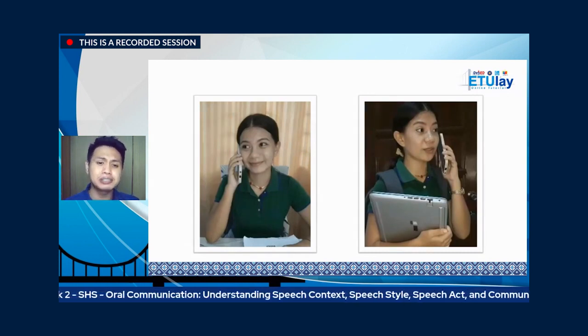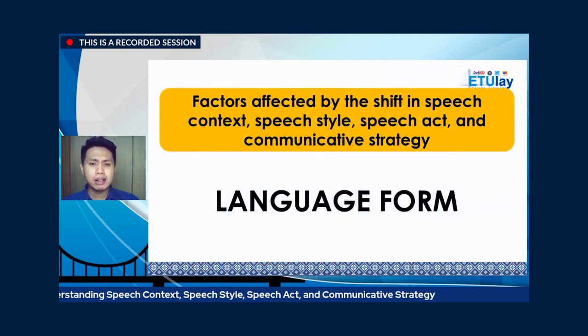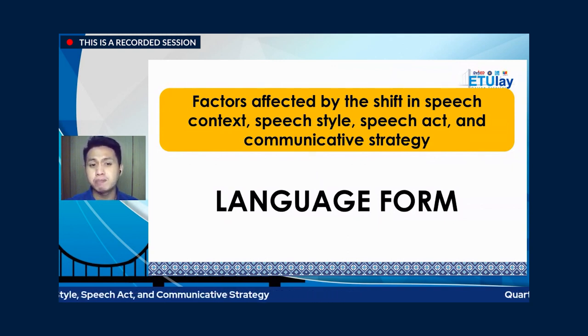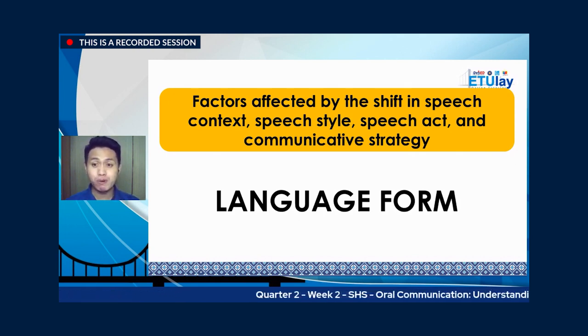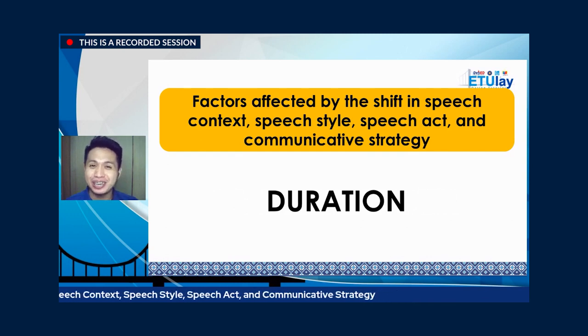From our discussions earlier, it is clear that the following elements are affected by a shift in the communicative processes. One, the language form, which could shift from formal to informal and vice versa. Two, the duration or the length of communication, which could be shortened or lengthened depending on how the conversation will be maintained.